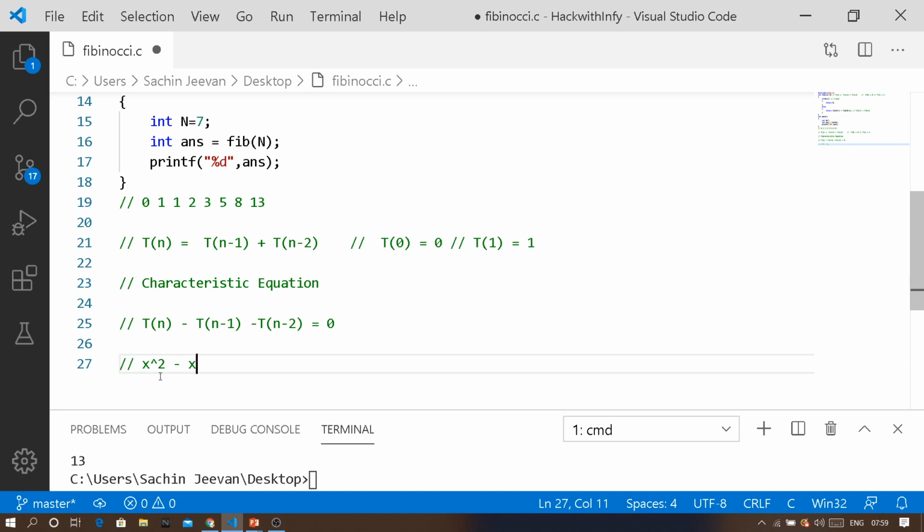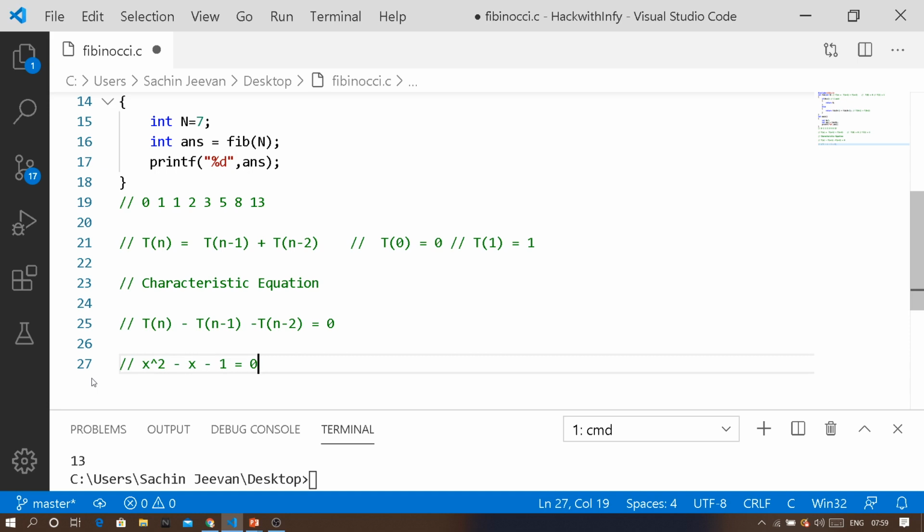So the first term is taken as x squared, the second term is taken as x, and the third term has to be taken as a constant. But there is no coefficient here, so we can take it as 1. So minus 1 is equal to 0. So this is a quadratic equation. Am I right? This is a quadratic equation.